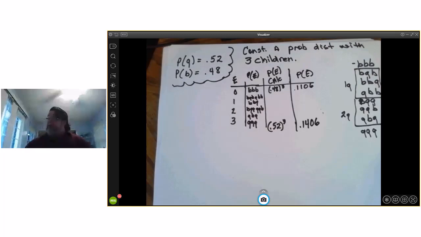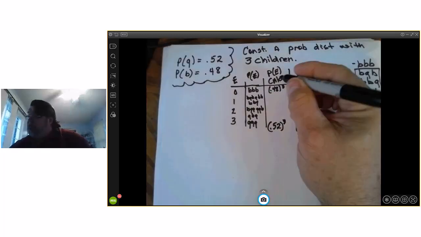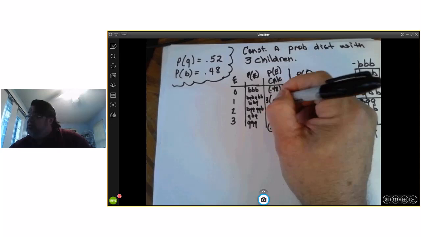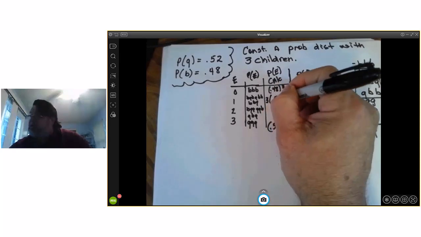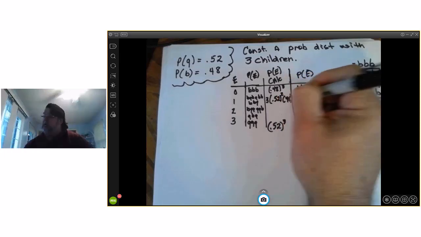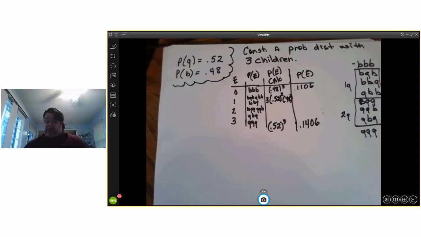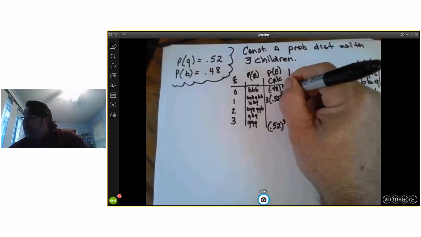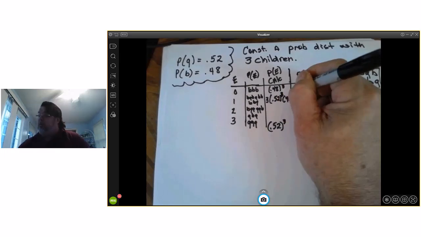And now, here, I'm going to go 3 times 0.52 to the first power times 0.48 to the second power, that's 2 boys.